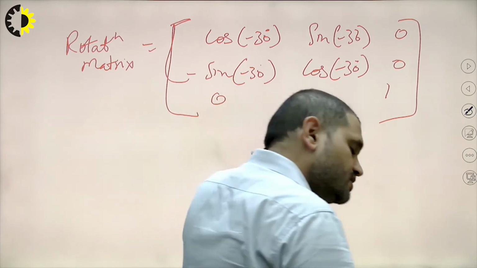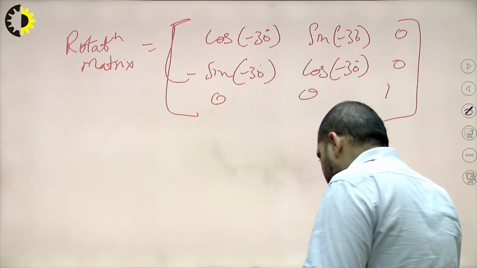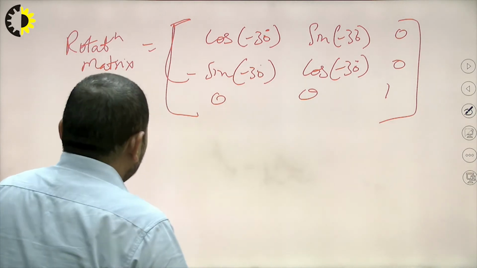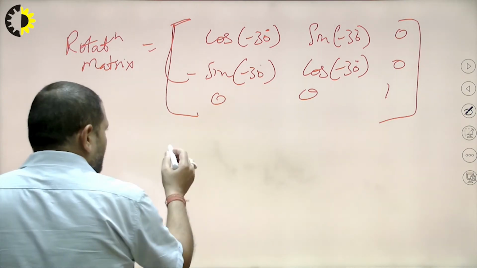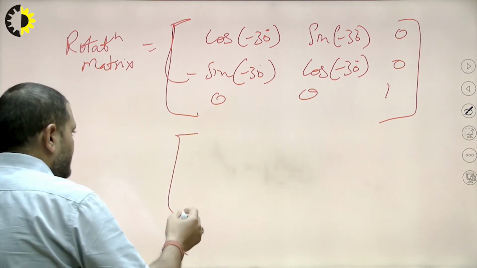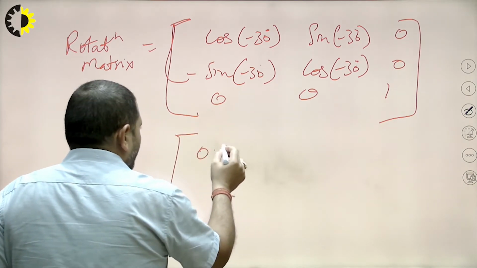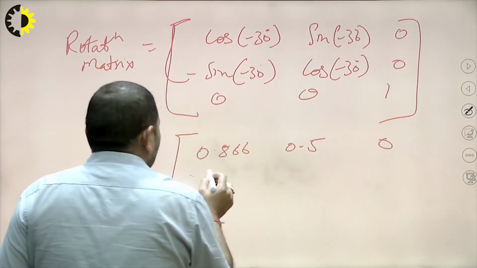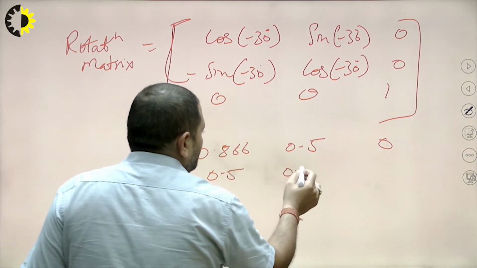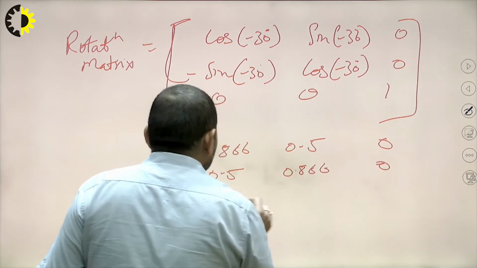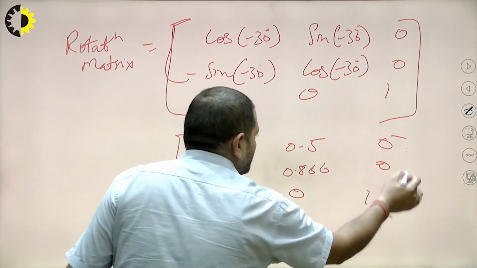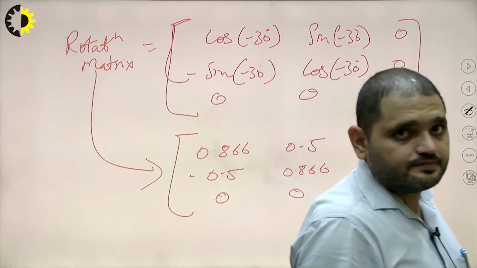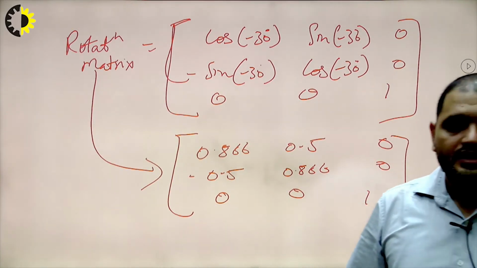So this will be the rotational matrix. You will have to find the values. Cos minus 30 gives 0.866, sin gives 0.5, so the matrix is 0.866, 0.5, 0; minus 0.5, 0.866, 0; 0 0 1. So this will be the final rotation matrix.